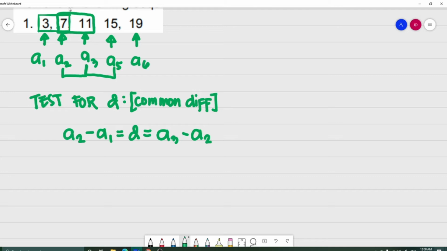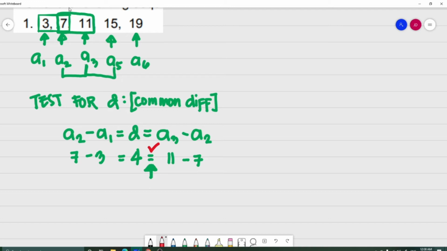Okay, so let's check. Our A sub 2 is 7 minus 3 is equal to 4. Okay, so ang target nato is i-check nato ni if equal ba gid siya sa 4. So A sub 3 is 11 minus 7 is equal to 4. Therefore, this is correct.